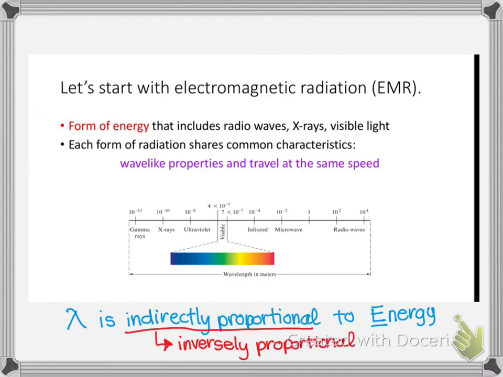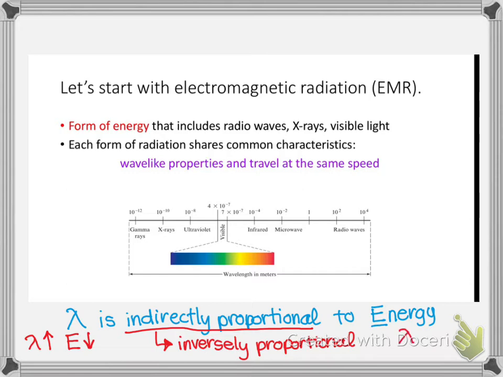And what that means is when one of the knowns goes up, the other one goes down. They do the opposite of each other. So if wavelength goes up, the energy goes down of that wavelength.